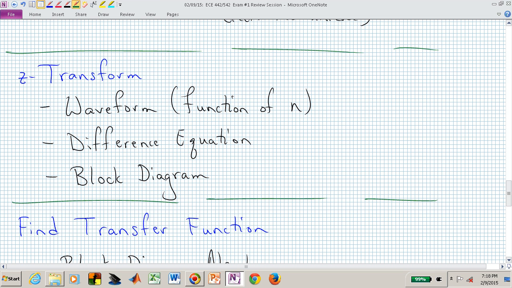If I gave you the gift of an all delay block diagram, I probably wouldn't erase anything. I would resketch it exactly as it is, except instead of the delay, I would put Z to the minus 1. The gains and the summing junctions are all in the same place. Is that clear?